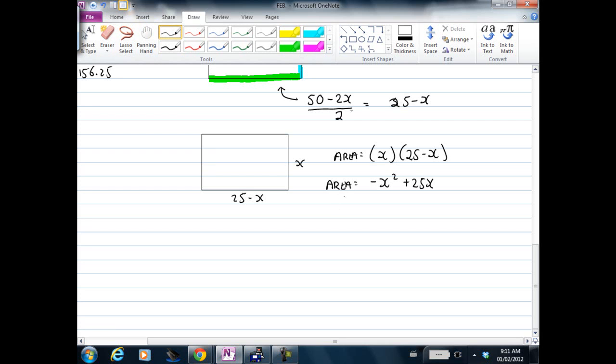So first thing you notice, there's a negative sign right here. You got to factor that out. You can't leave it in there.